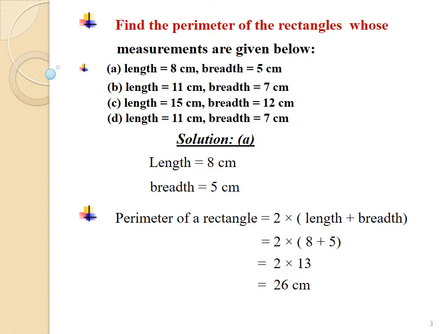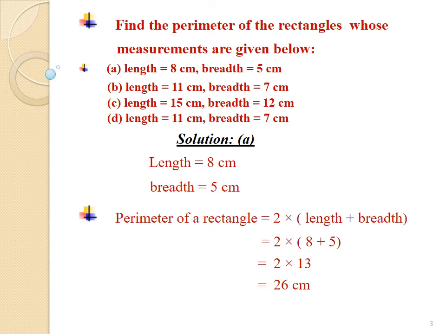So now let us solve question number 1. Length equals 8 centimeter. Breadth equals 5 centimeter. Thus, perimeter of a rectangle equals 2 multiplied by length plus breadth equals 2 multiplied by 8 plus 5.